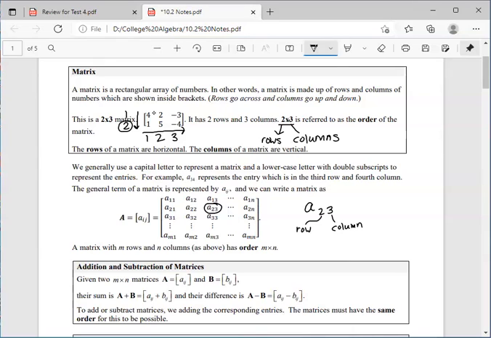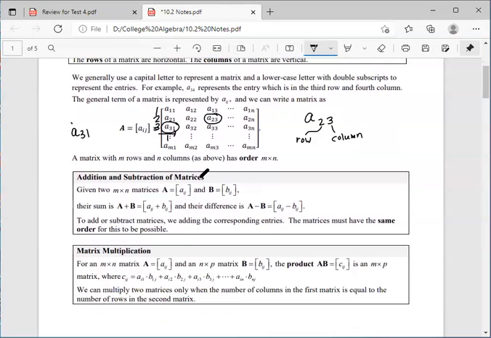So if I wanted to say, well, what is in the place of A31, then I would go, oh, I need to go down 1, 2, 3 and over 1. So it would be this place, A31, because this is 3 rows, 1 column. That's all that is.